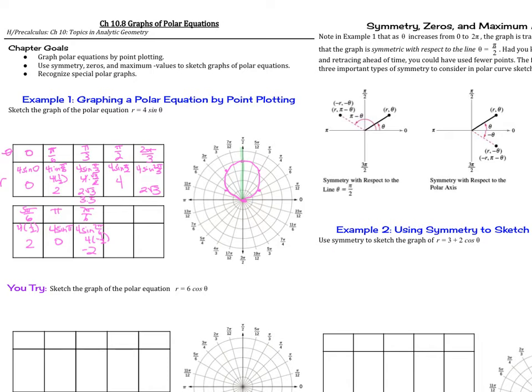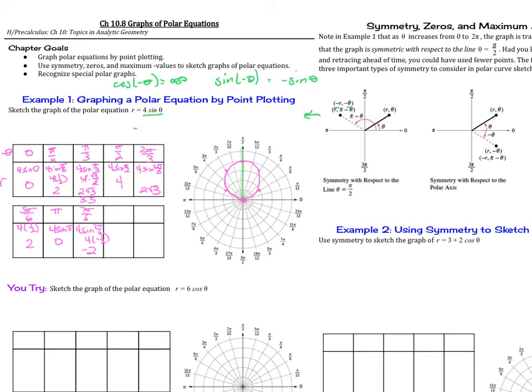So just to test that out in this example, negative r and negative theta. Remember the property: sine of negative theta comes out as negative sine theta. If you had cosine of negative theta, because it's even, it's just cosine of theta. So let's try negative r, negative theta.